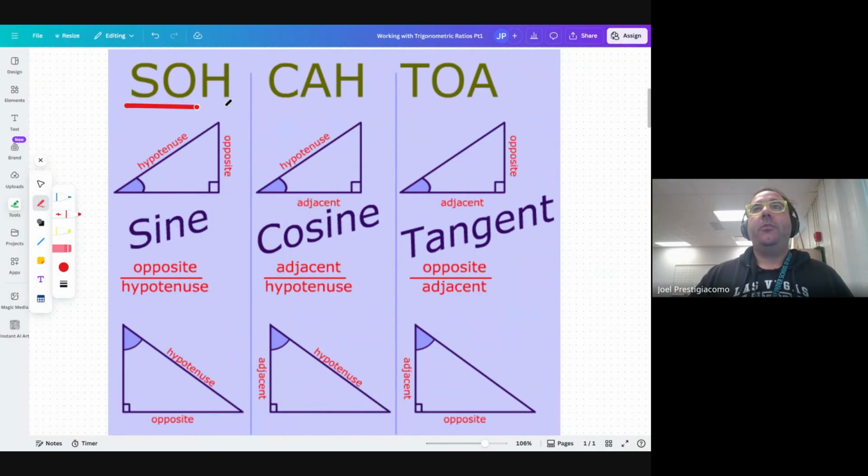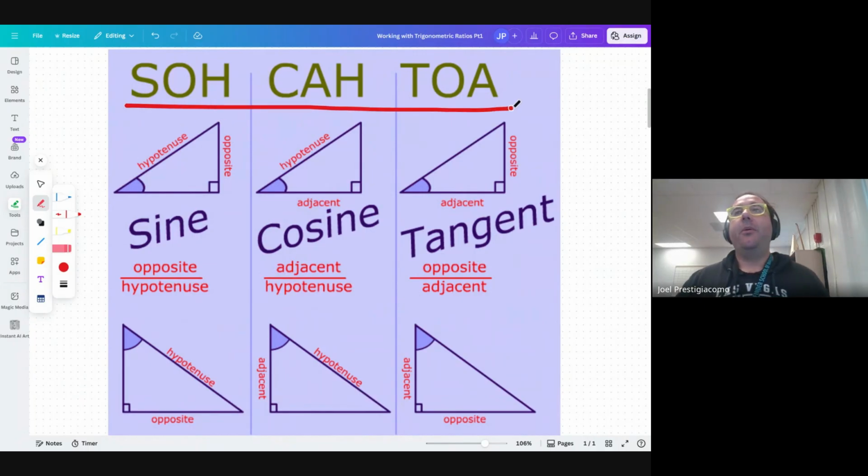Now, you have probably heard at some point this phrase that we used to memorize these ratios. It was called SOHCAHTOA. Think of it like a foreign word. It's definitely not an English word, right? We see this as three little triplets.